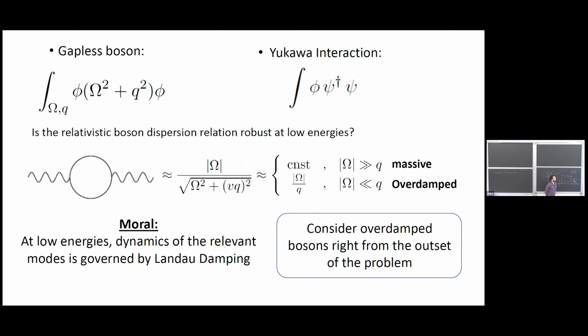This particular contribution, which goes with the frequency over the momentum, is called Landau damping. So the moral of this little exercise is that we will consider overdamped bosons from the outset, in the spirit of effective field theory.